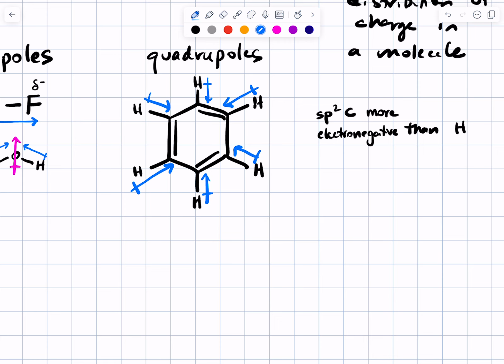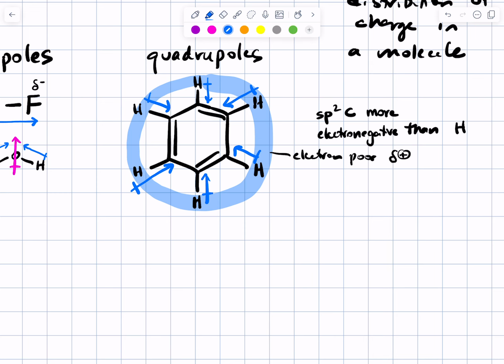What this means is, if we use the color blue to be electron poor, you've got the edge of the benzene ring that is electron poor with a partial positive charge on it.